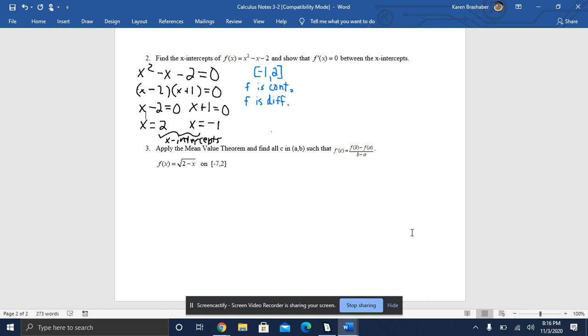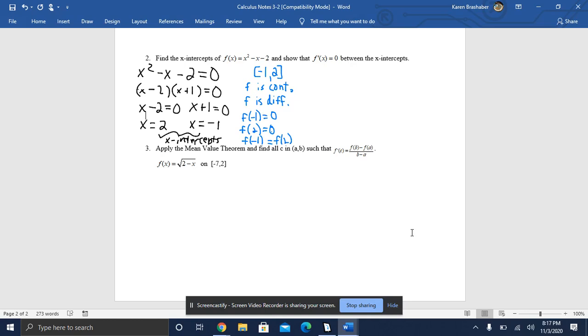And we found out that f of -1 is equal to 0 because it's an x-intercept, and f of 2 is equal to 0. So that means that f of -1, or f of a, in other words, is equal to f of 2, is equal to f of b. And so Rolle's theorem does apply. So there should be a place where f prime is equal to 0.